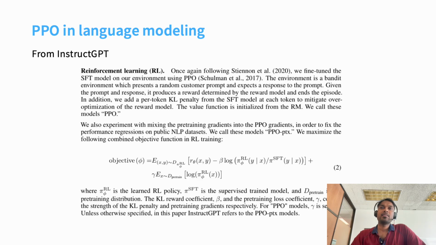Then we subtract the KL divergence between our current policy and our initial supervised fine-tuned model so that our policy does not deviate too far away from our initialized model. And this gamma term essentially keeps a check by maximizing the log probability of the pre-training data to avoid catastrophic forgetting of pre-training. This third term is not so often used, but the reward maximization and the KL divergence terms are almost always used.